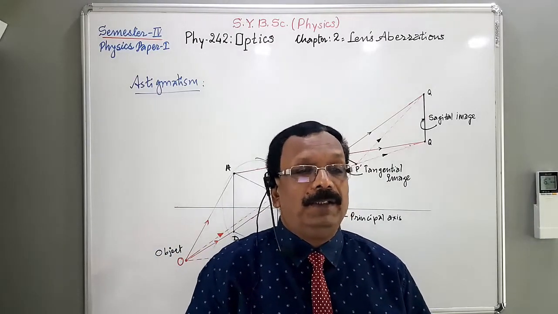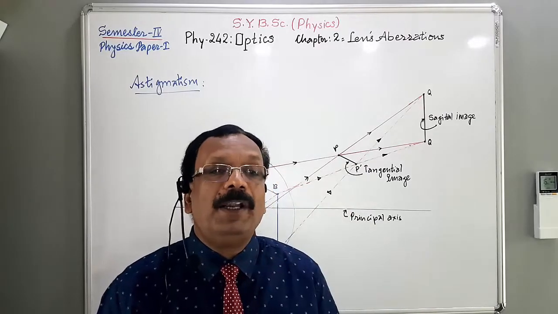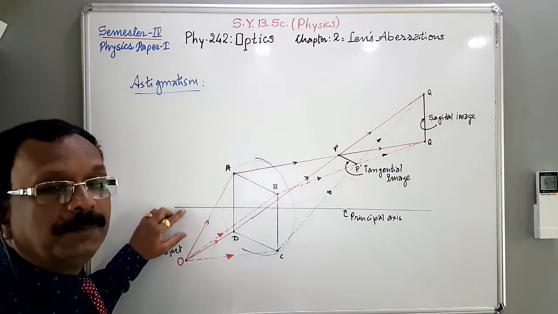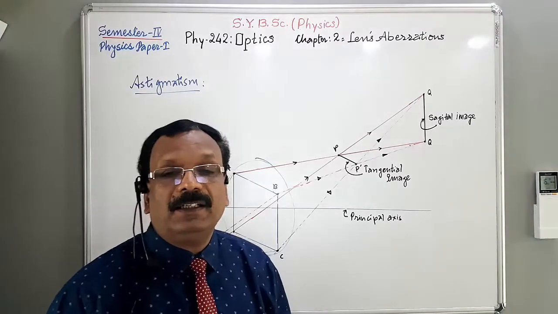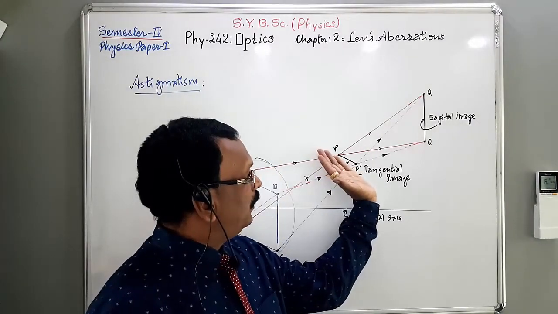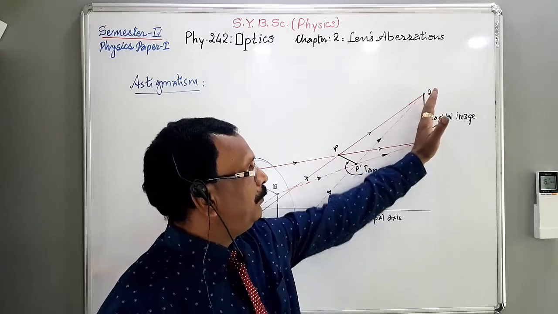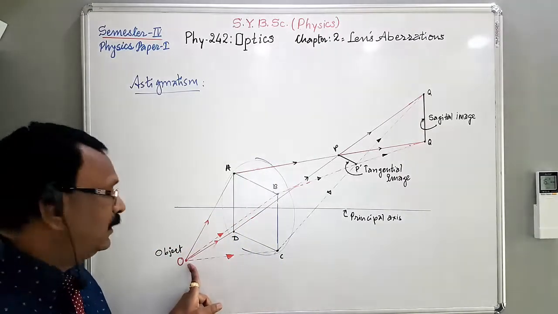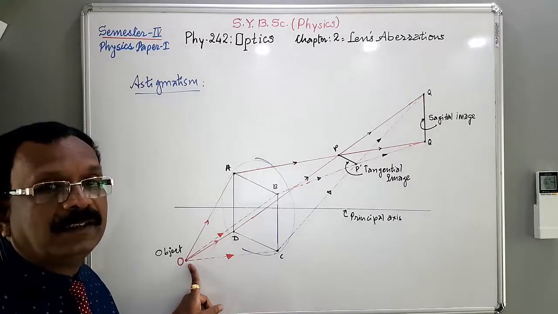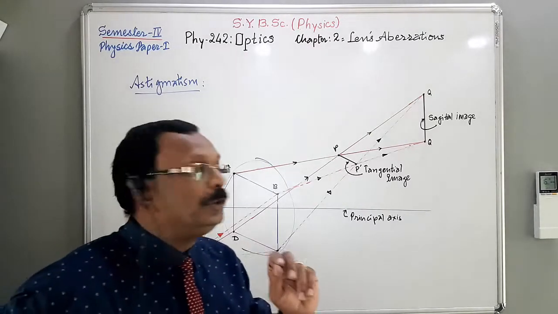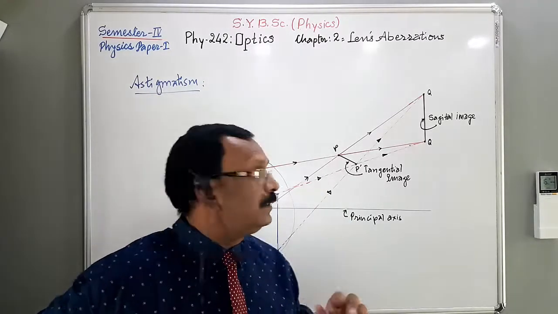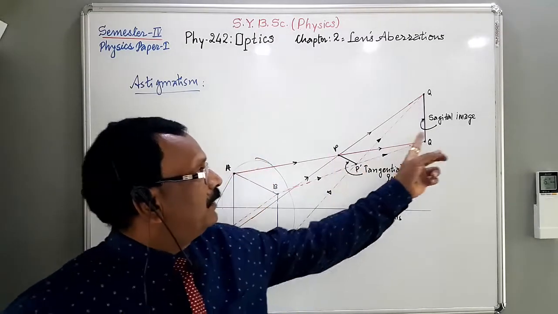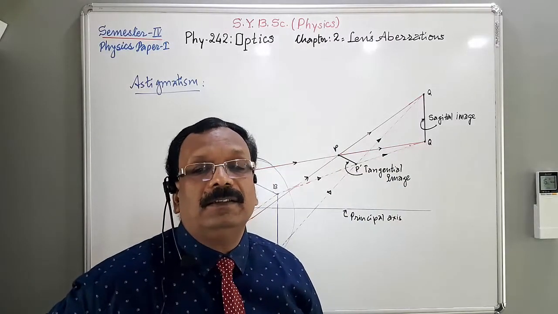Now when a point object is situated far off the principal axis, its image consists of two mutually perpendicular lines, one image PP prime and another image QQ prime, separated by a finite distance and lying in perpendicular planes.